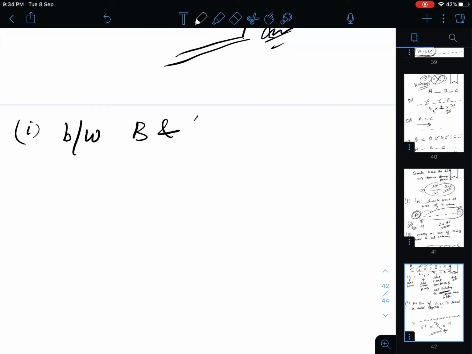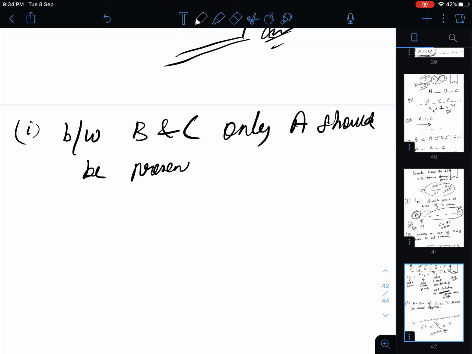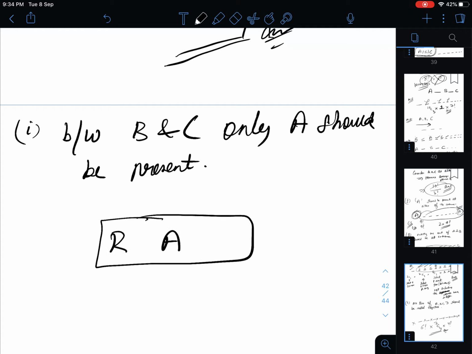Between B and C, only A should be present. Now you see, between B and C only A should be present. So that means what you do is tie them in a unit, put A in between, put B here, C here. And then you have the remaining 7 places, 1 2 3 4 5 6 7.